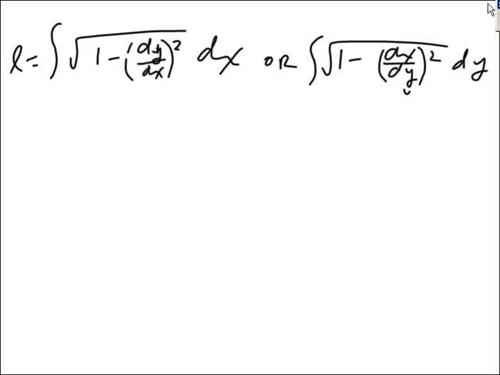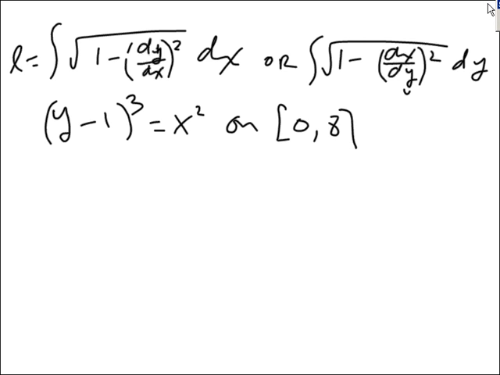Okay, and that's what's going to come up right now. Suppose you were told that x minus y minus 1 cubed is equal to x squared. And you want to find the arc length on 0, say to 8.